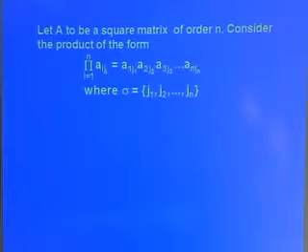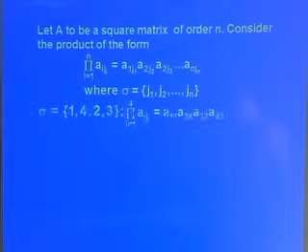and we try to form the product of n numbers. This pi denotes the product of a_i j_i. We write it as a1 j1, a2 j2, a3 j3, up to an jn.